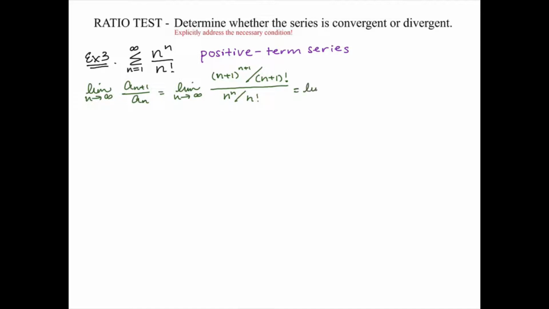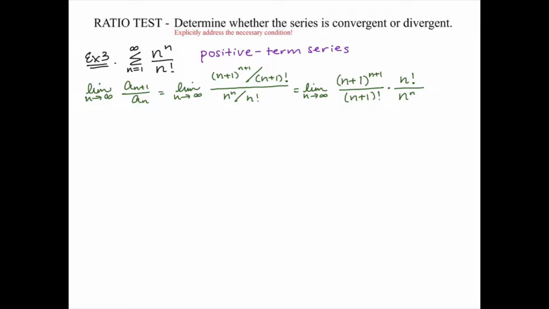Now I'm going to get rid of the complex fraction by multiplying by the reciprocal of the denominator. (n plus 1) to the n plus 1 over (n plus 1) factorial times n factorial over n to the n.